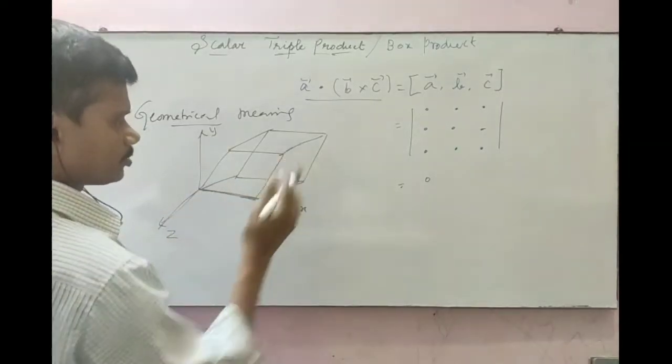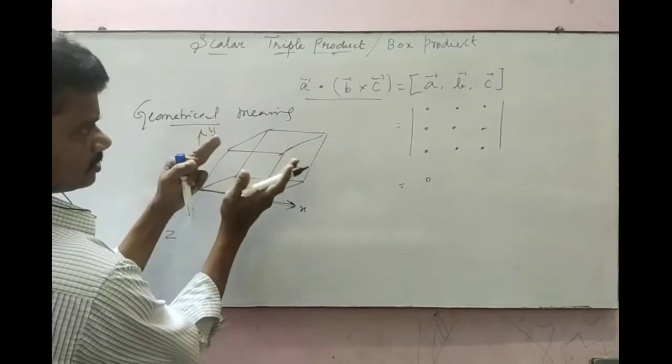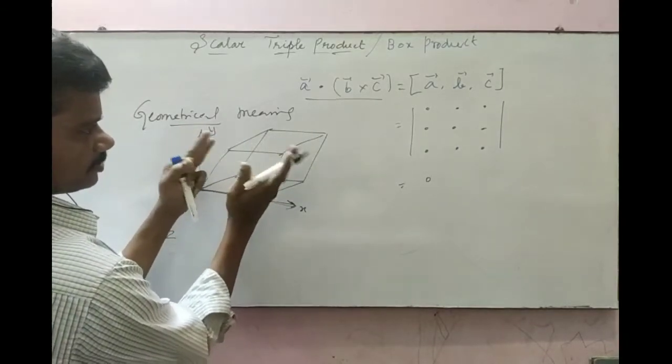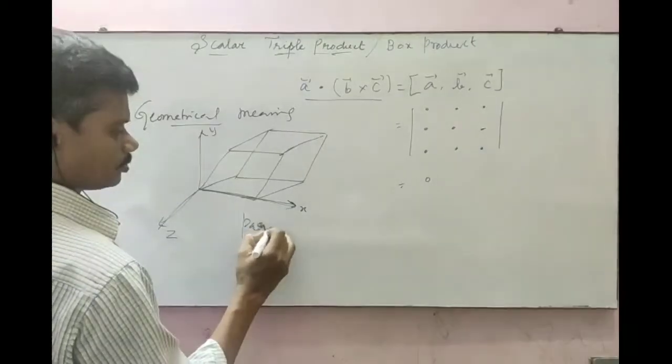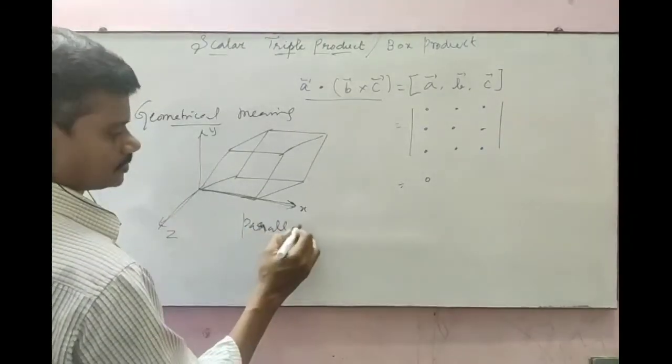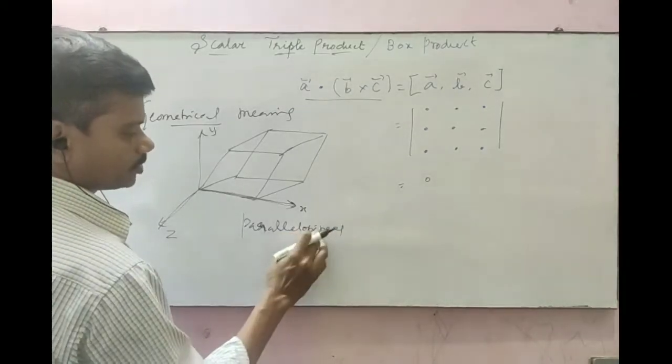This is the parallelepiped, which is in the form of a cuboid which is tilted slightly. We call this a parallelepiped, P-A-R-A-L-L-E-L-O-P-I-P-E-D.